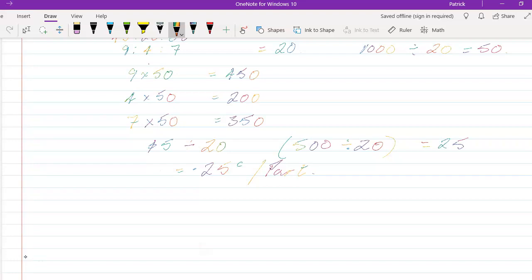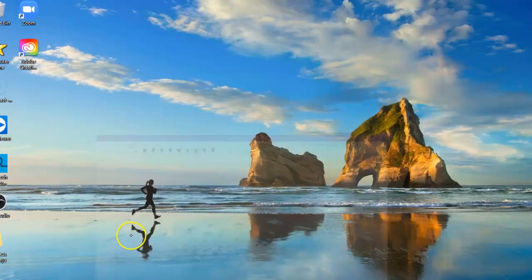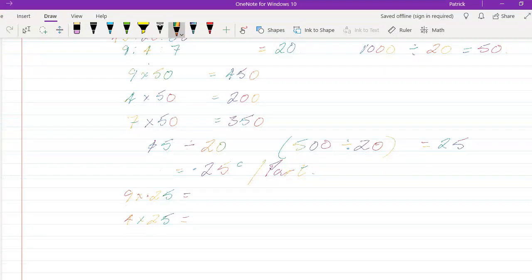The first person has got 9 times 25, the second person has got 4 times 25, and the third person has got 7 times 25.